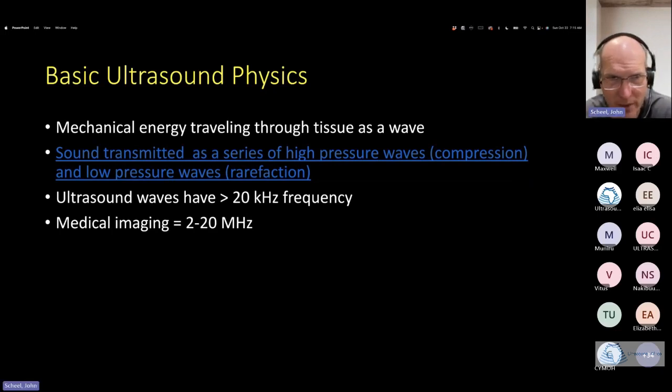It should be noted that medical imaging uses a frequency between 2 and 20 megahertz, even though anything over 20 kilohertz frequency is considered an ultrasound wave. In breast imaging, we're exclusively talking about the high frequency transducers, so typically above 10 megahertz.